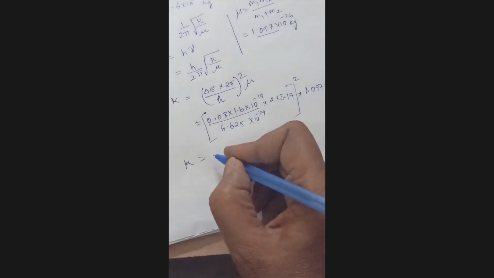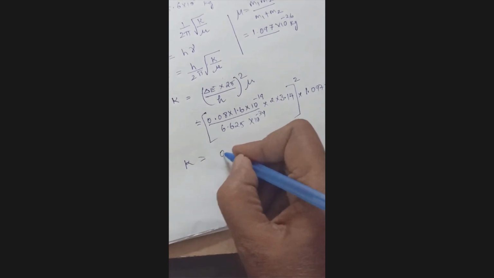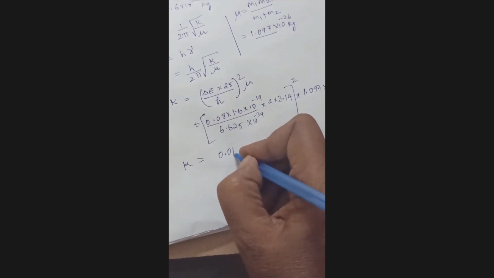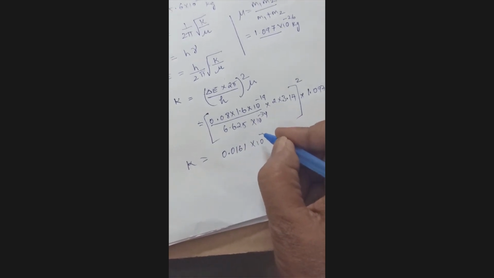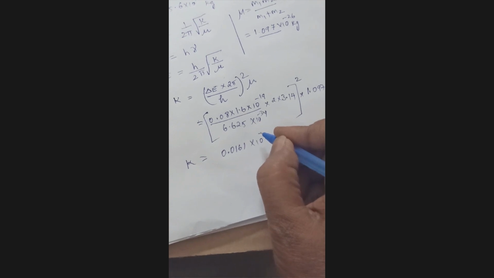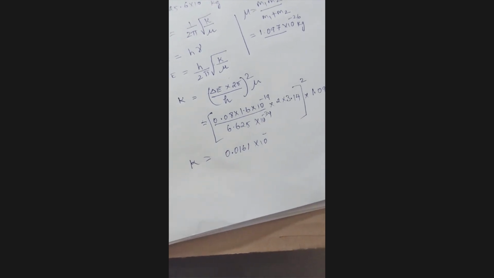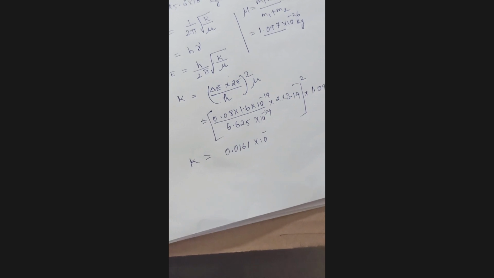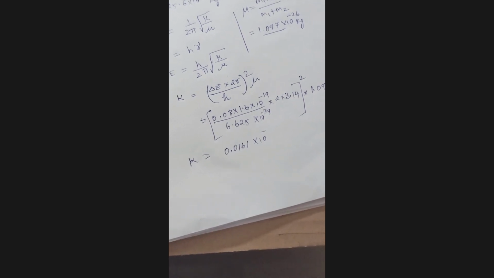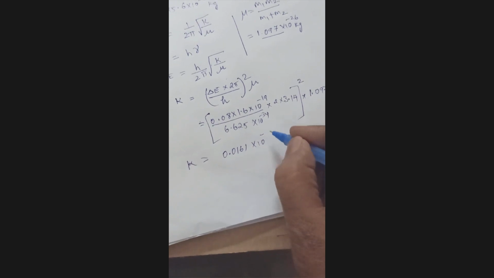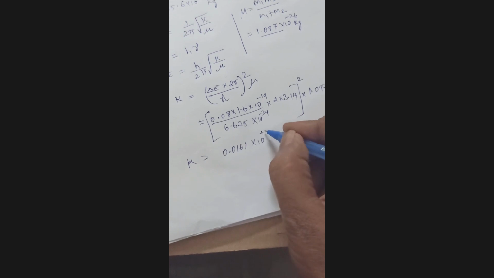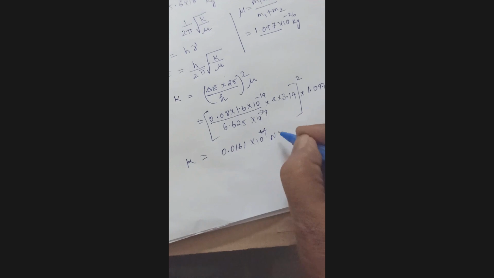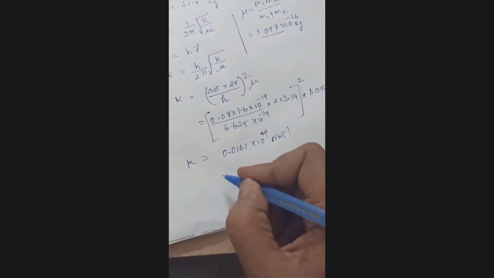It turns out to be 0.0161 into 10 raised to the power minus 4 Newton per meter.